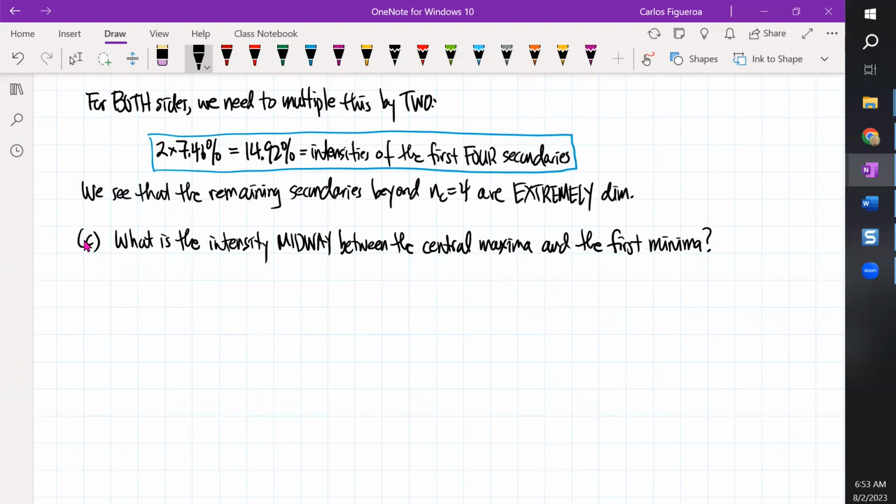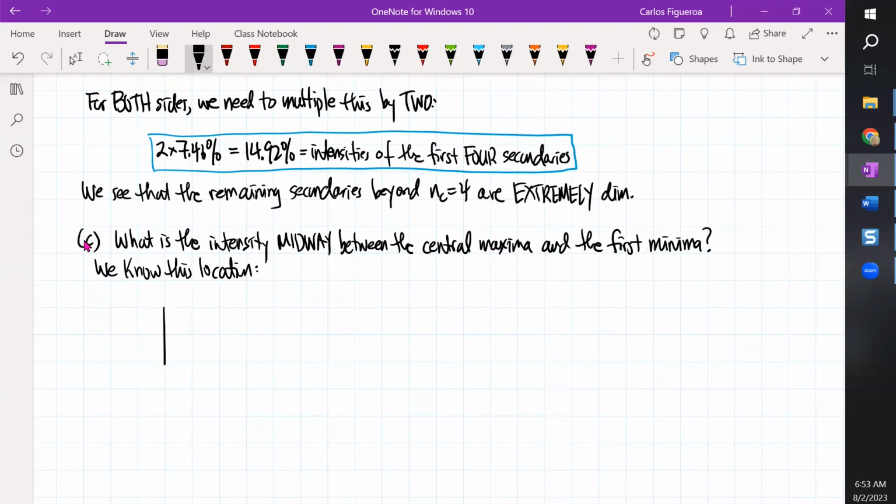We know its location, right? We know this location approximately. Well, if it's exactly midway, we know its location. So its location then has to be here.